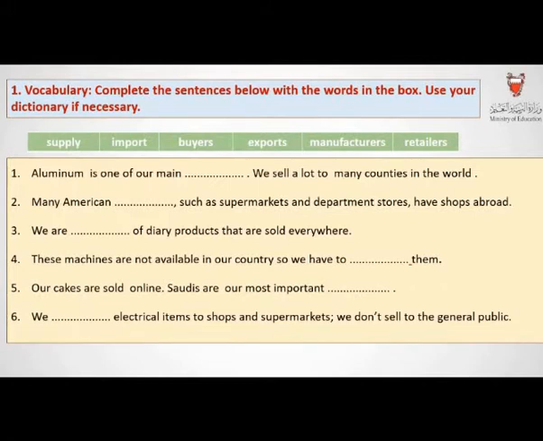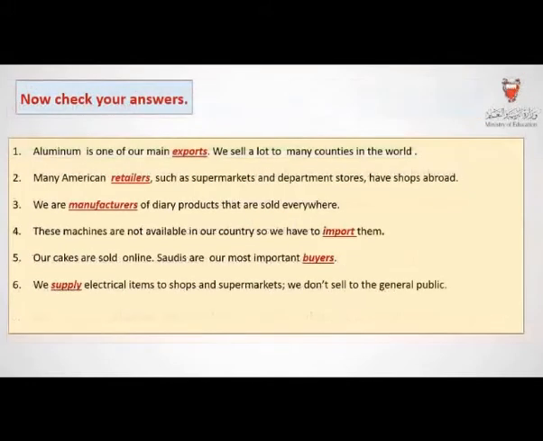All right. Let's have a look at the model answer. So, aluminum is one of our main exports. Now, exports mean things that you take outside to other countries for sale.